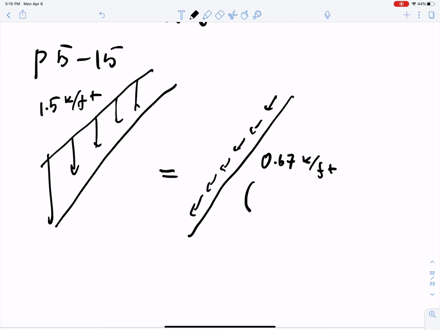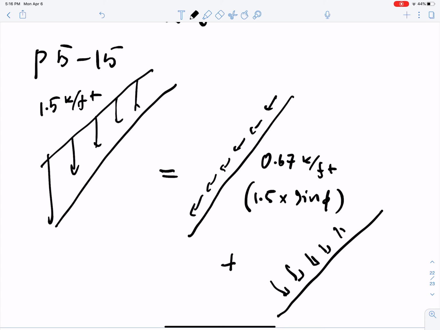And this one would take 1.5 and multiply by the sine of the resulting angle, sine phi. And then plus, we get this guy. We have the vertical component of the load.